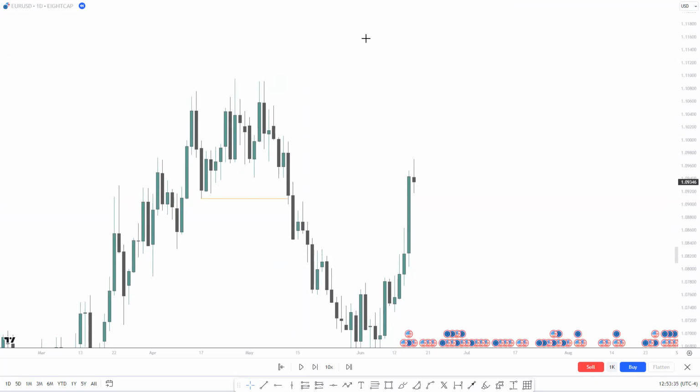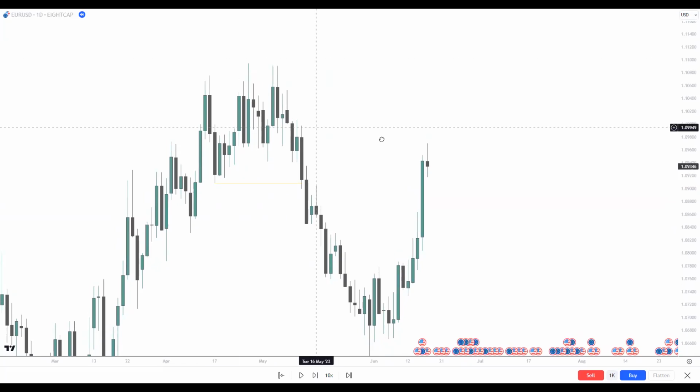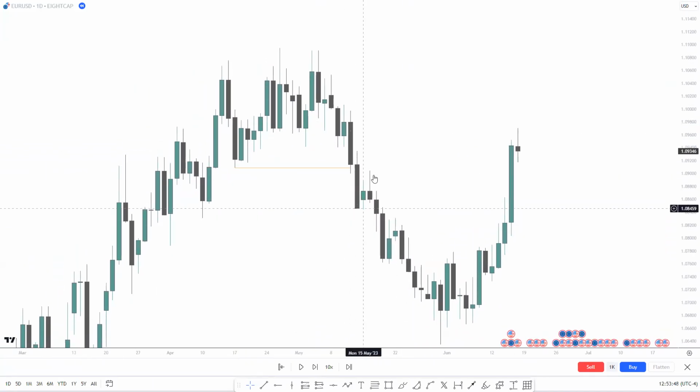Okay, so you have to look at the order flow and bias, etc. But while trading from external to internal, your target should just be the first internal range liquidity or the first fair value gap.